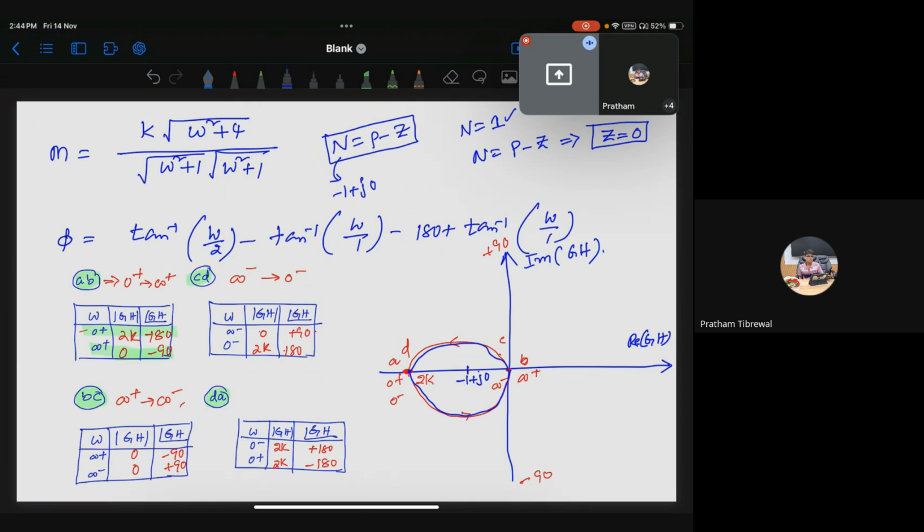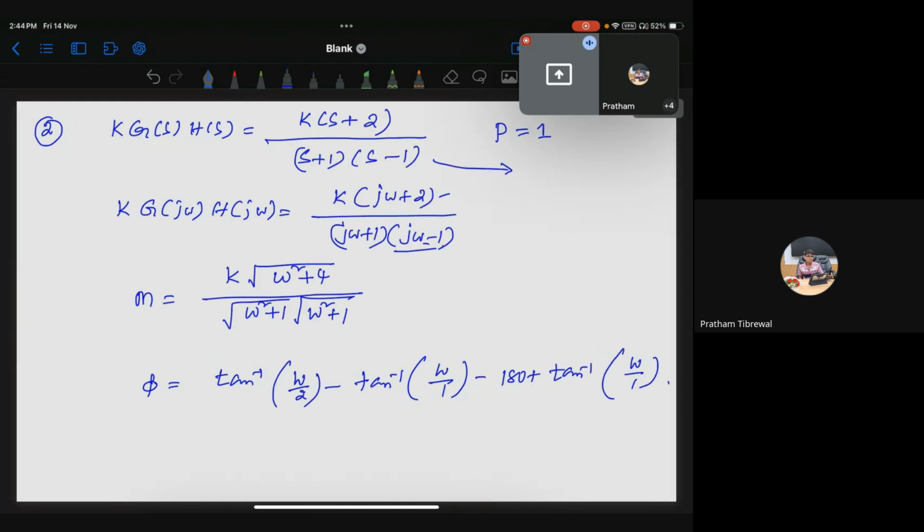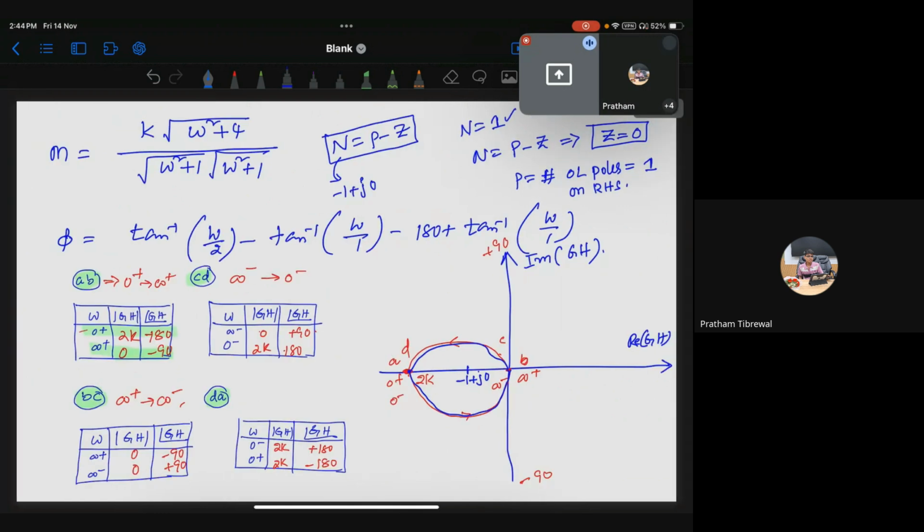Okay. And P is the number of open loop poles, sorry, open loop poles on the right hand side. So here, what are the poles? The poles are minus 1 comma plus 1. Only one on the right. So that's why P is also 1.